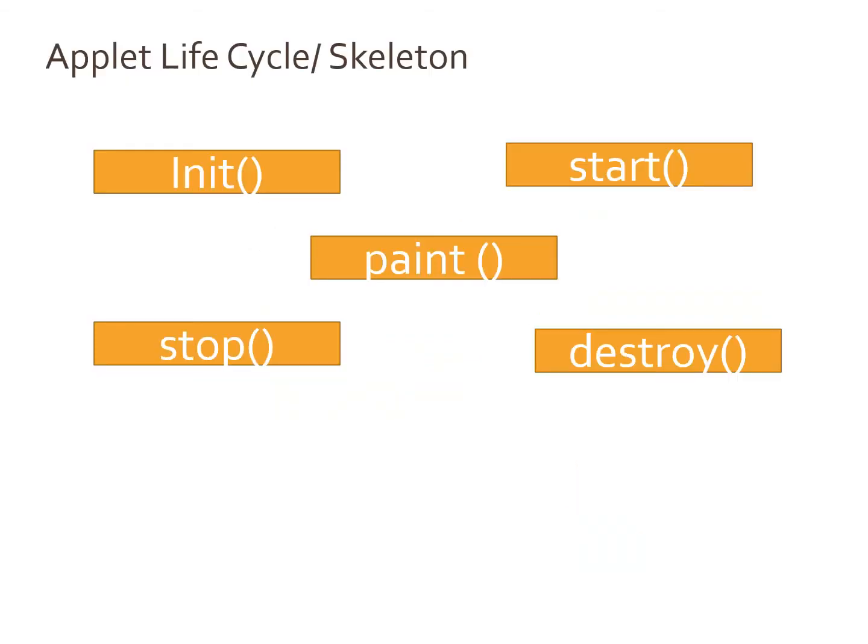5 methods form life cycle of the applet: init, start, paint, stop, and destroy. Out of these 5 methods, 4 methods, that is init, start, stop, and destroy, are defined by applet class, while paint is defined by the AWT component class.